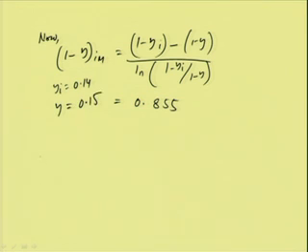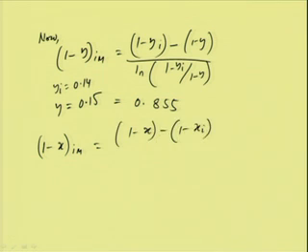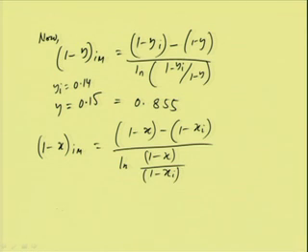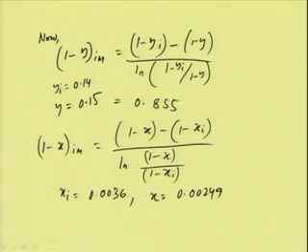Now, we can calculate (1 minus x)_IM, which is (1 minus x) minus (1 minus x_I), divided by ln of (1 minus x) divided by (1 minus x_I). The values are x_I equal to 0.0036 and x equal to 0.00249. If we substitute, this will be 0.997.